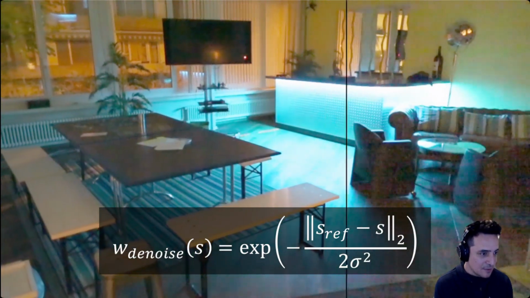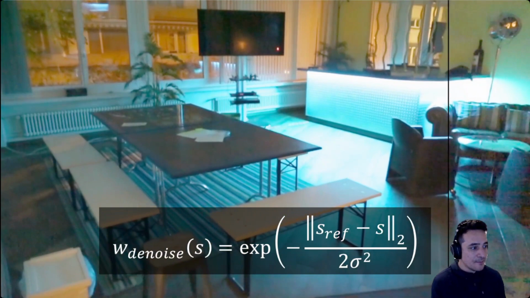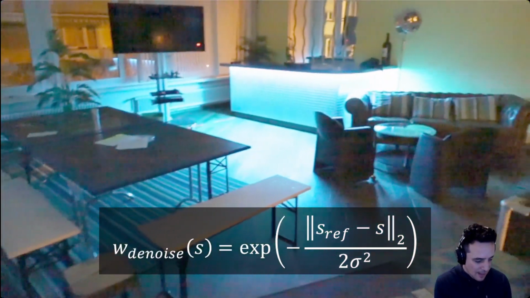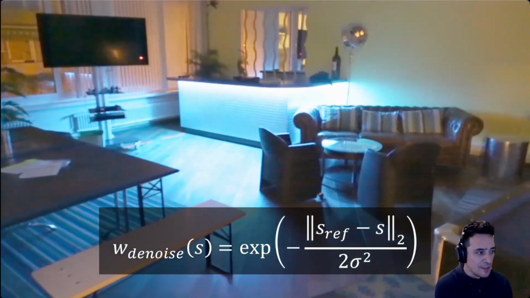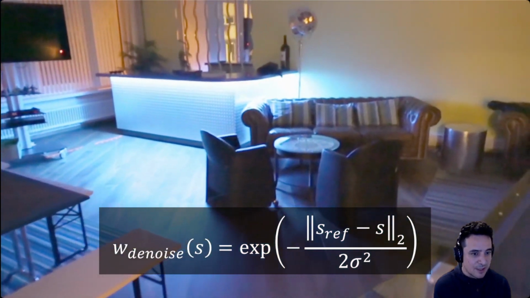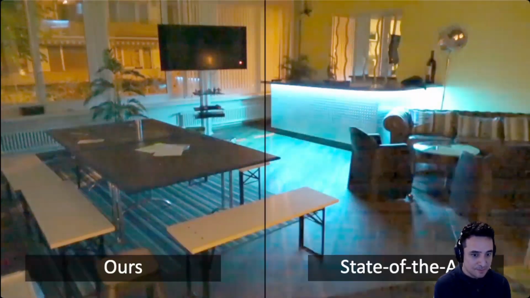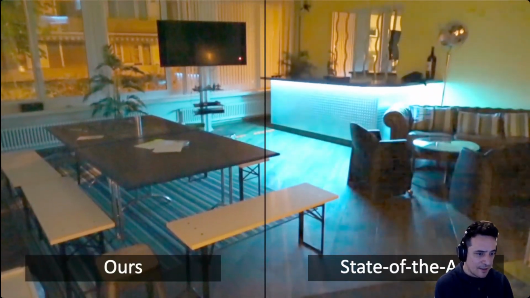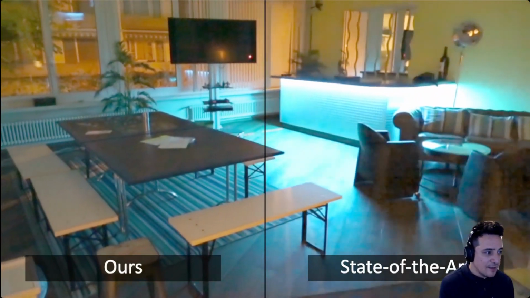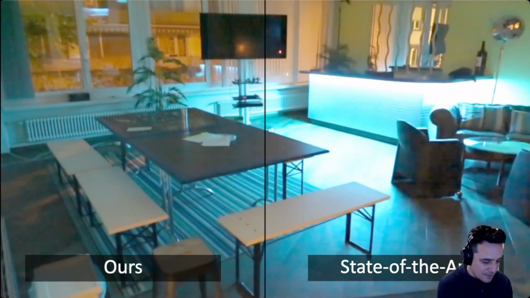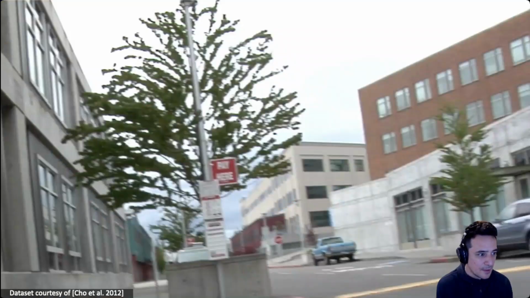By doing this, we're able to get a denoised result that looks like this. I don't exactly know how well this is coming over video, but I'll try to put these videos online somewhere so that you can see the quality without compression. We compared to state of the art, and we found that it worked better. This was, of course, 2015, so I'm sure the state of the art is better now than it was then.